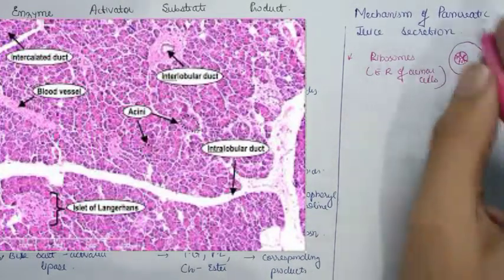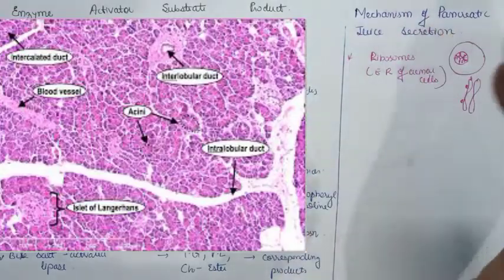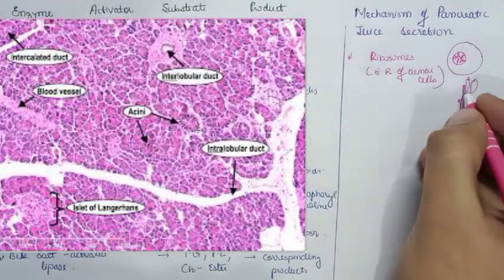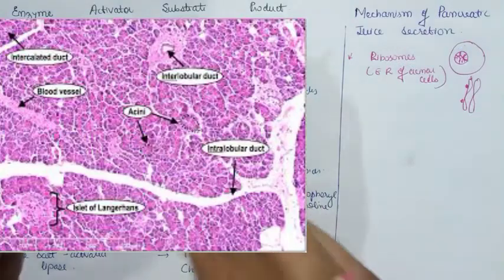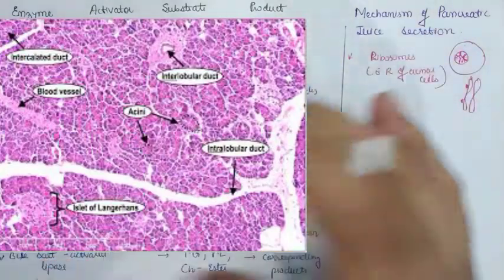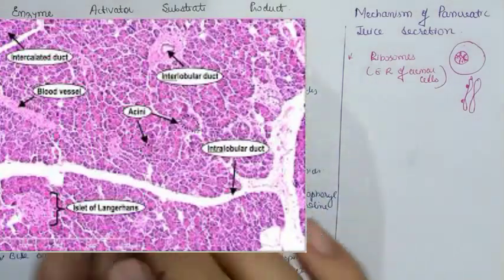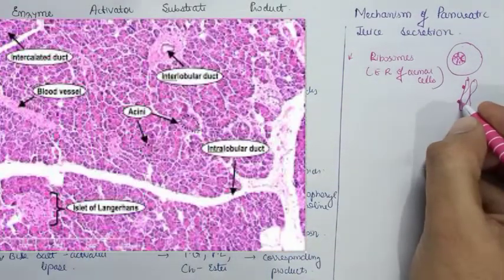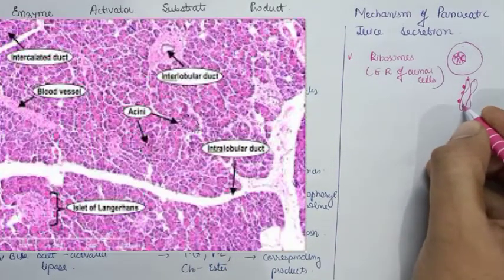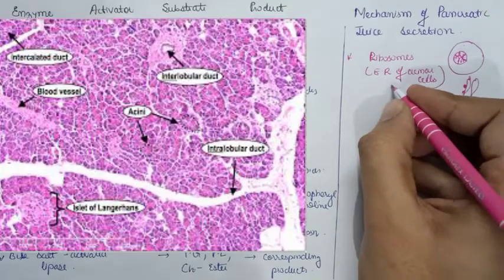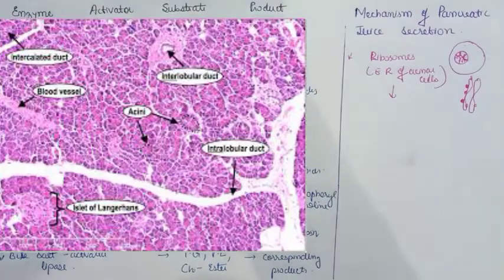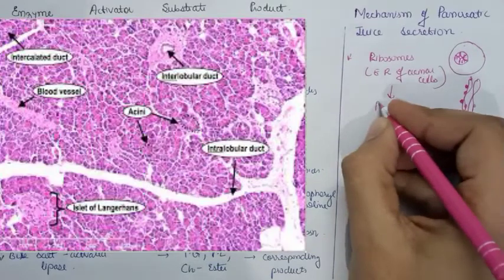The pancreatic enzymes are formed by the ribosomes, because these are actually proteins. Proteins are formed by the translation of mRNA, leading to the formation of proteins. So these ribosomes associated with the endoplasmic reticulum secrete the pancreatic enzymes.